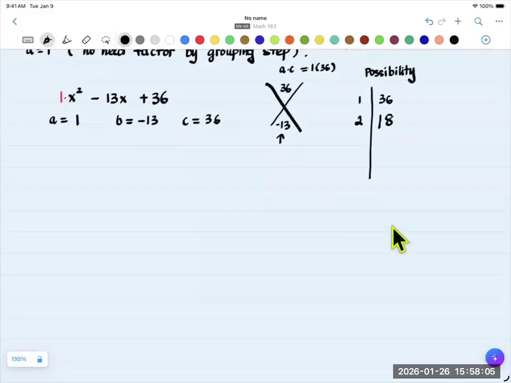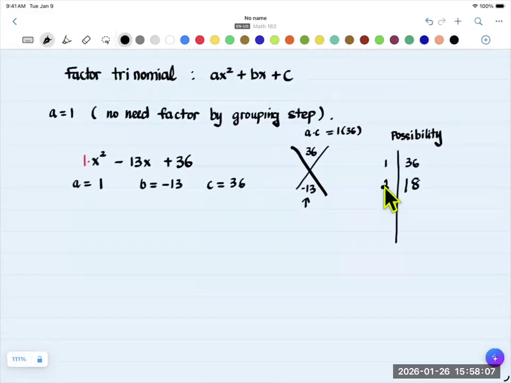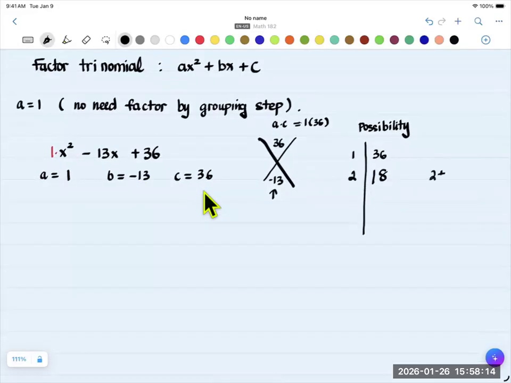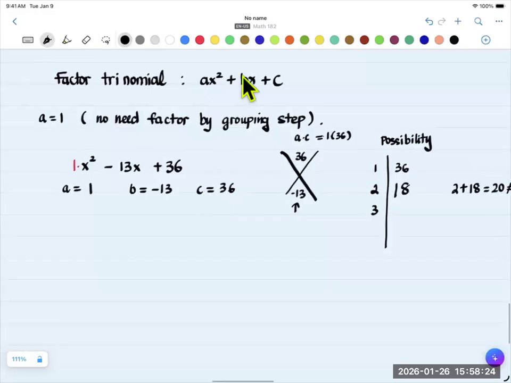Quickly check: 2 plus 18 is 20, not negative 13, so this pair does not work. Then we move on to 3. 36 divided by 3 is 12, and 3 plus 12 is 15, not 13, so this pair still does not work.